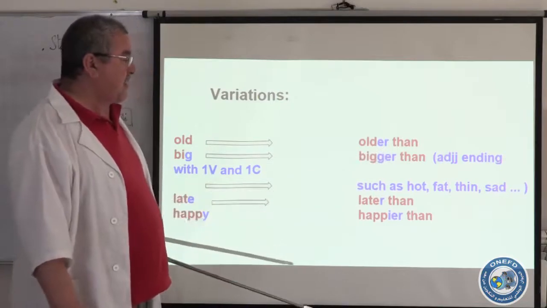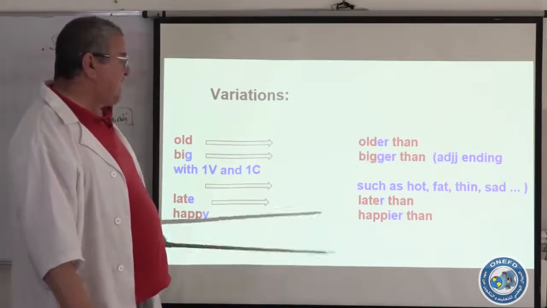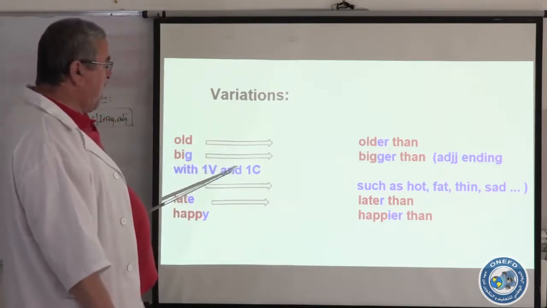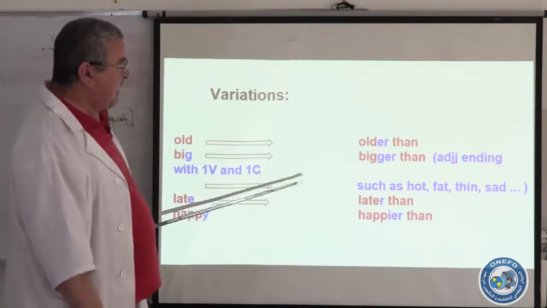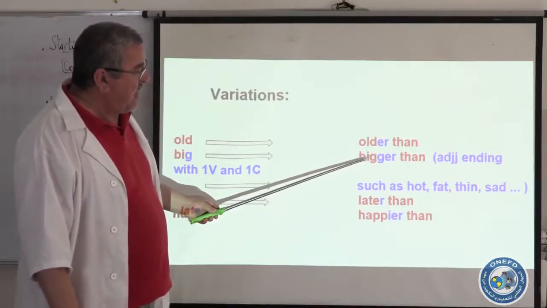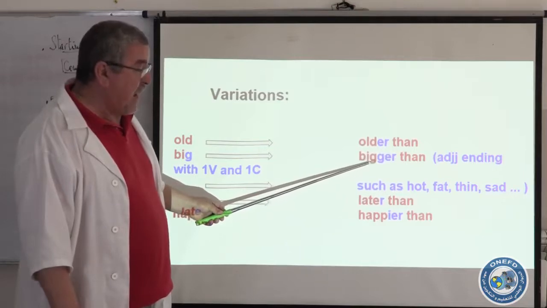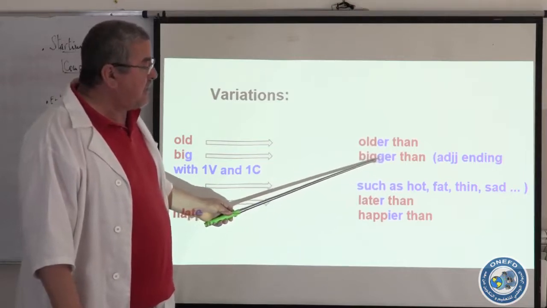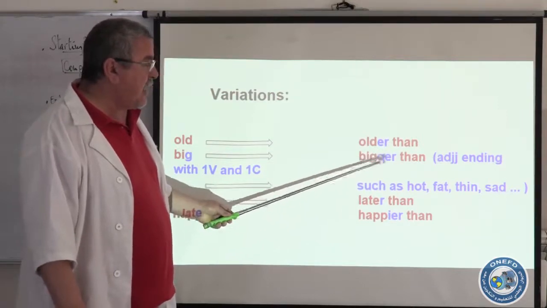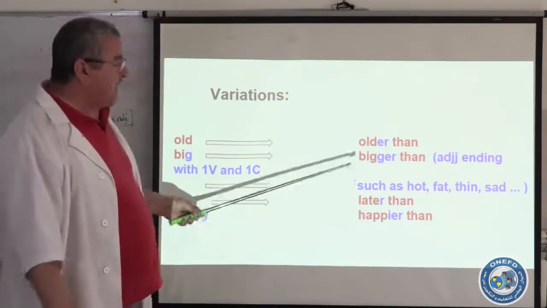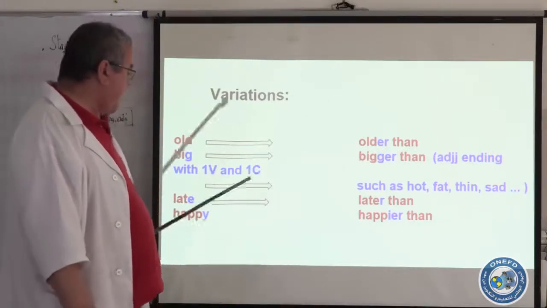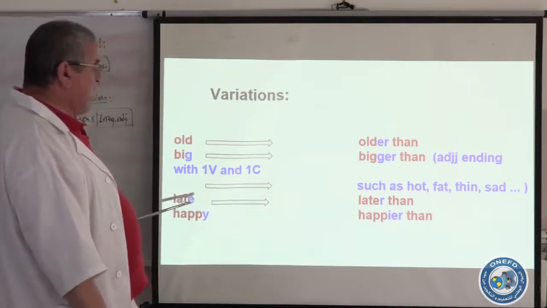Why? Because the adjective is ending with one vowel and one consonant here. You see, big, vowel and consonant. This is why we must double the last consonant here in order to say bigger instead of some other form.